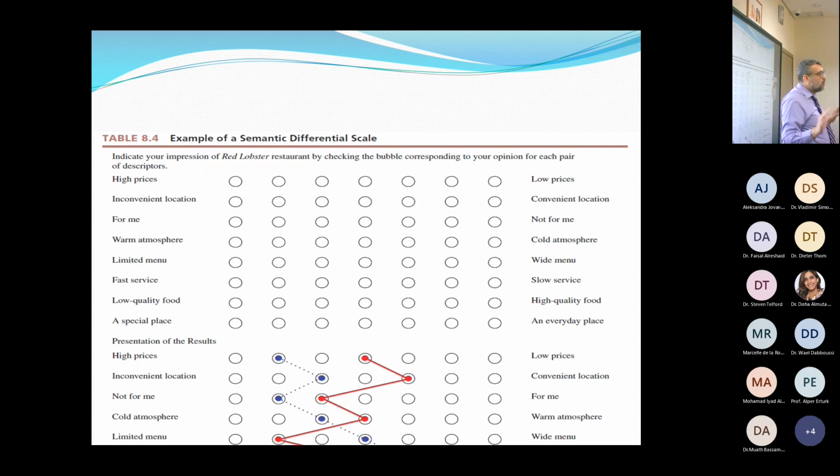It depends on the question, on your research objectives, and on how you perceive the opinions of the consumers. If you want to force them to make a decision, use an even number of points, which eliminates the neutral point.